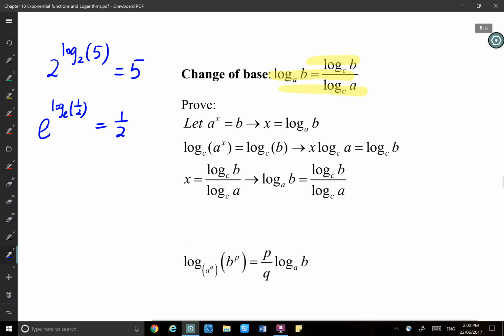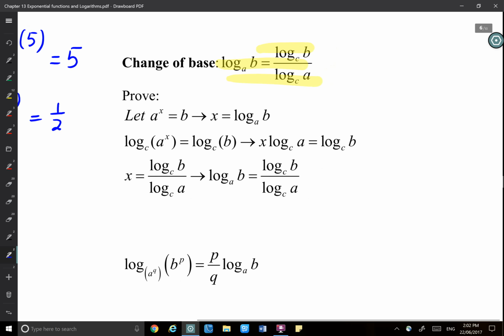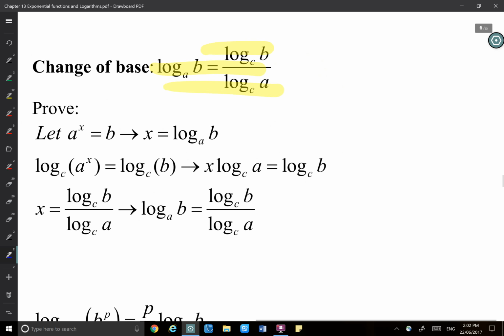Okay, last one is change of base. What is change of base? Well, 10 years ago, we didn't have calculators as powerful as our CAS now. You can't put log with any base into them.